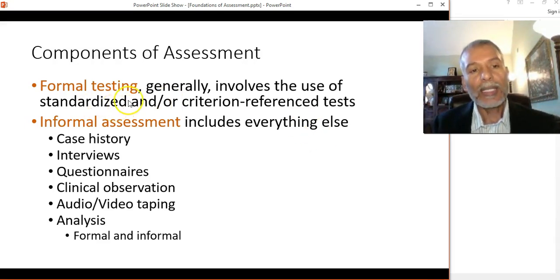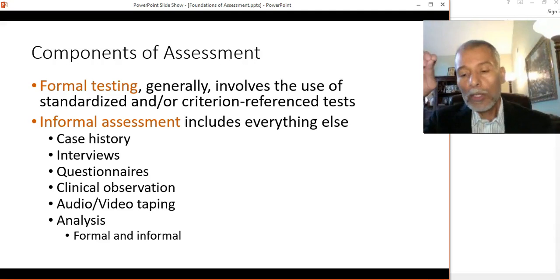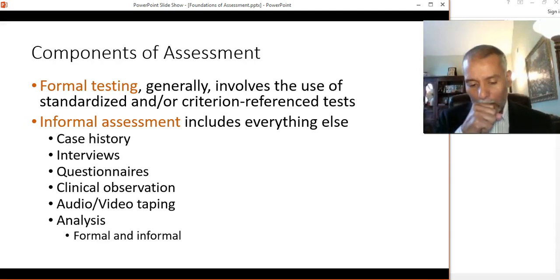And these standardized tests come with particular conditions to administer them, for example, in a quiet environment, doing this and that, and it is very clear where to start and where to end, and if you make any changes in the administration of these tests, the results will not be valid.